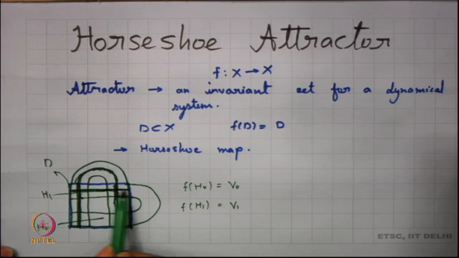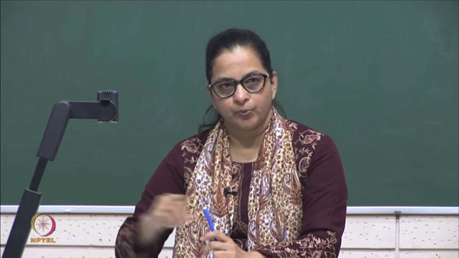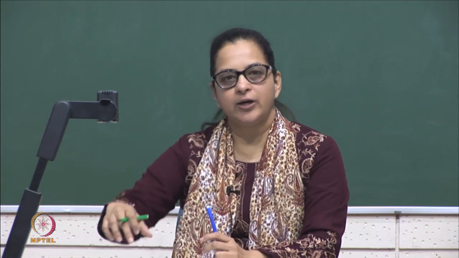So, this is basically the dynamics of the horseshoe map, where, as we had seen last time also, we are interested in looking into what exactly is the dynamics of the horseshoe. So, basically we have this horseshoe attractor.